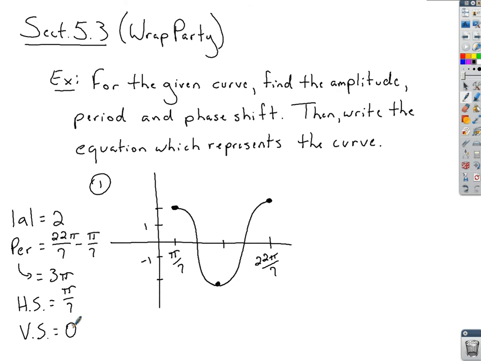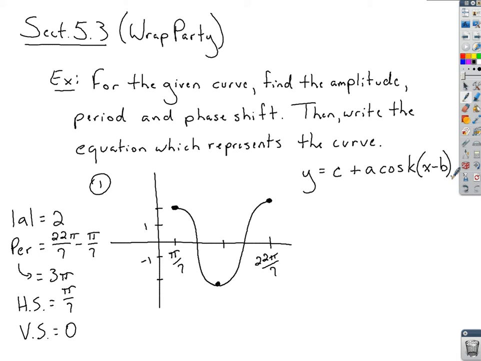So taking this given information, we come up now with an equation which represents the curve. Remember the general form for an equation of a cosine or a sine curve. We've got y equals c, which went with the vertical shift, plus a times the cosine of k times the quantity x minus b.